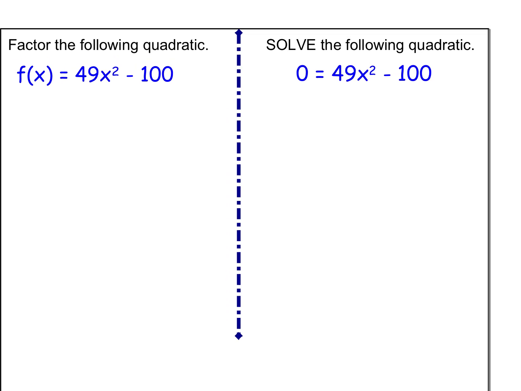All right, this one, it should be easy. Answer both sides. One side, you just got to factor it. The other side, you figure out x equals this and x equals that. Do it.